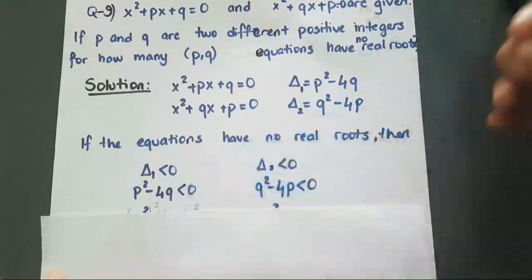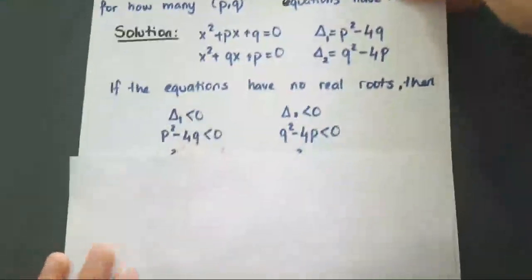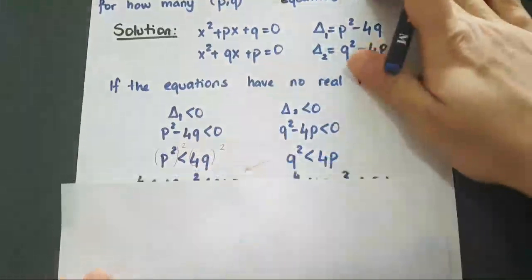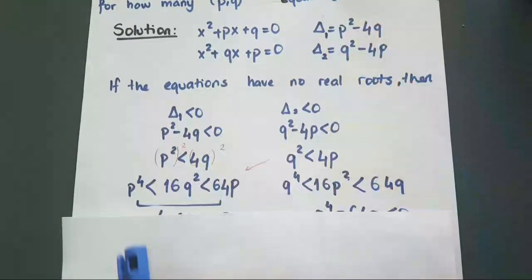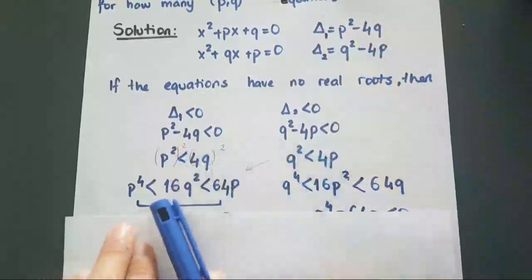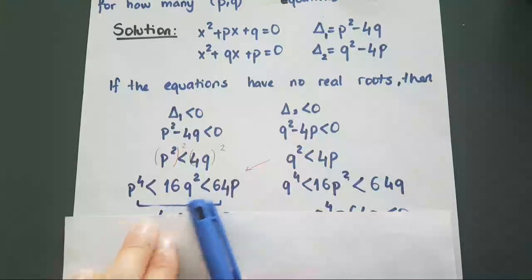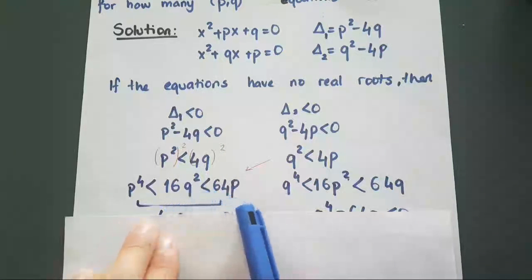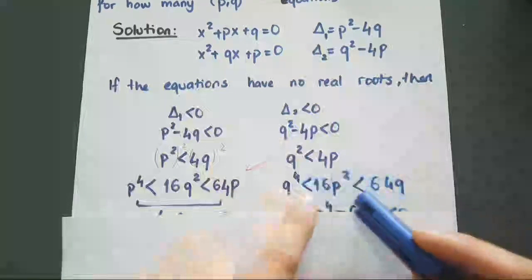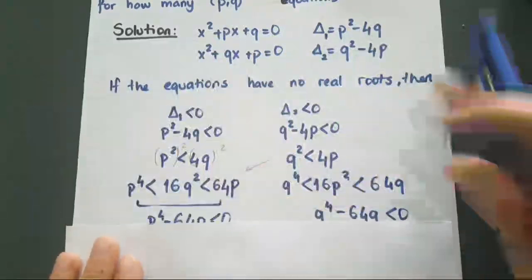So p squared is smaller than 4q and q squared is smaller than 4p, which means that when I combine the inequalities, p to the 4 is smaller than 16q squared is smaller than 64p, and q to the 4 is smaller than 16p squared is smaller than 64q.